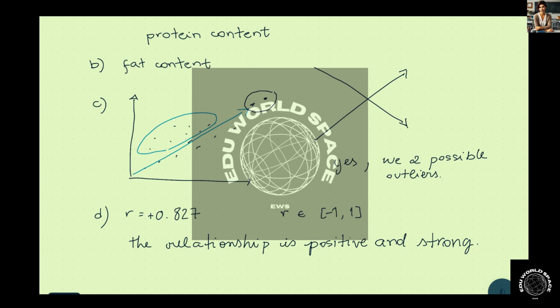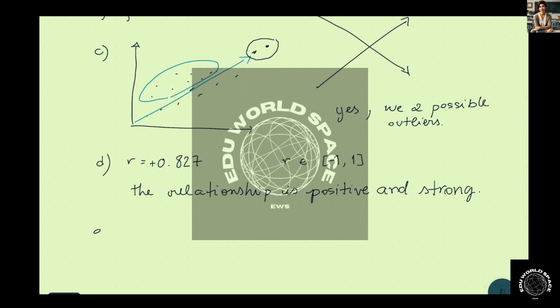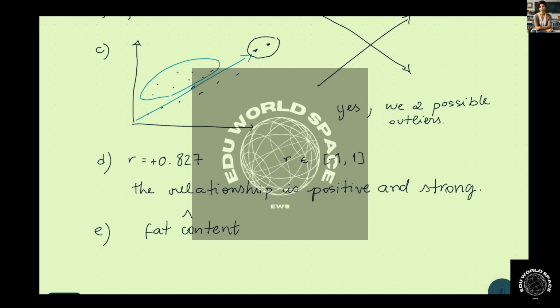Now for item E, we should write the equation. So basically, the equation is given by the parameter estimates. So we should plug them in here. First, we can put the fat content that we are predicting, and usually we put a hat to express that this is a model. It's not something that is totally true; we have some kind of error. So that's why we put this hat.